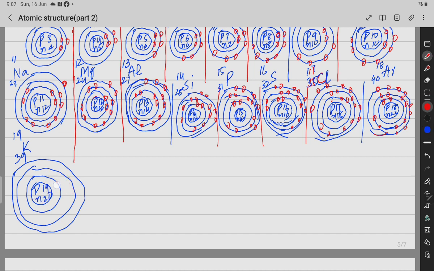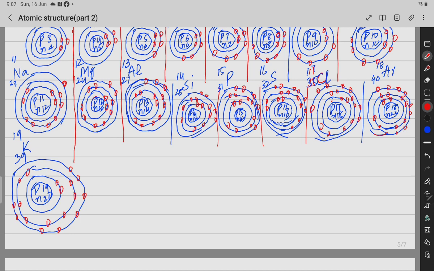First shell has 2 electrons, second shell has 8 electrons, and third shell has again 8 electrons, because third shell is going to be filled up with 8 electrons over here.